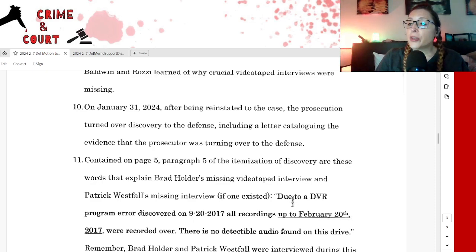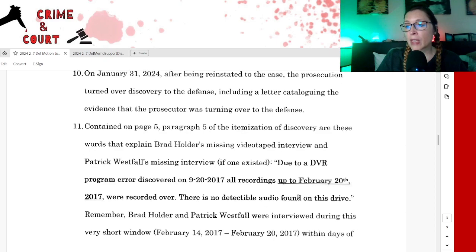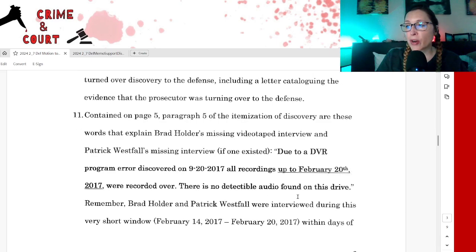On January 31st, after being reinstated to the case, the prosecution turned over discovery to the defense, including a letter cataloging the evidence that the prosecutor was turning over. Contained on page 5, paragraph 5 of the itemization of discovery are these words that explain Brad Holder's missing videotaped interview and Patrick Westfall's missing interview, if one existed.